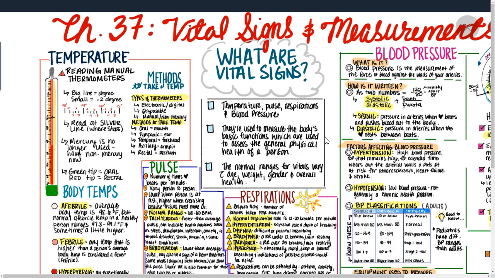The normal ranges for vitals vary with a person's age, weight, gender, and their overall health as well. So there are several things that can influence a person's various vital signs, and what may be normal for one person isn't necessarily normal for another. We'll talk about some of those different things that can affect the various vitals for different populations of people as we go along.